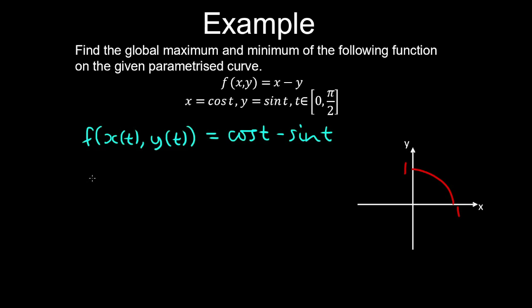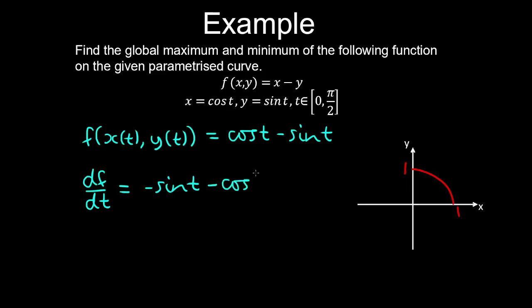And to find the critical point, we can take the derivative of f with respect to t and set it equal to 0. Or we can apply the chain rule. So the partial of f with respect to x is 1 by dx dt, which is minus sine t, plus the partial of f with respect to y, which gives minus 1 by dy dt.